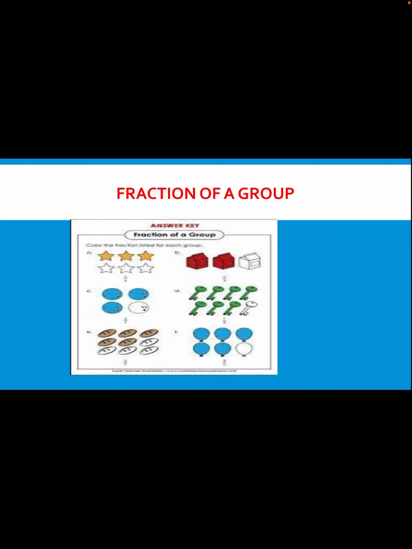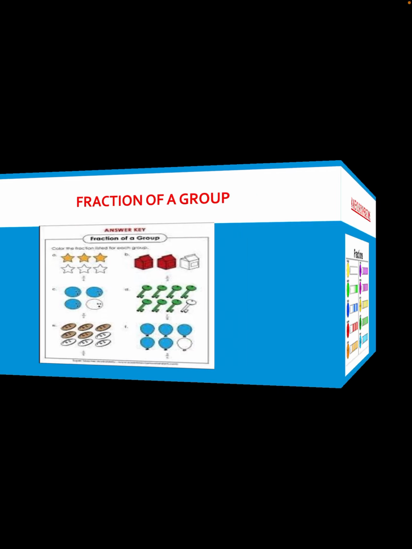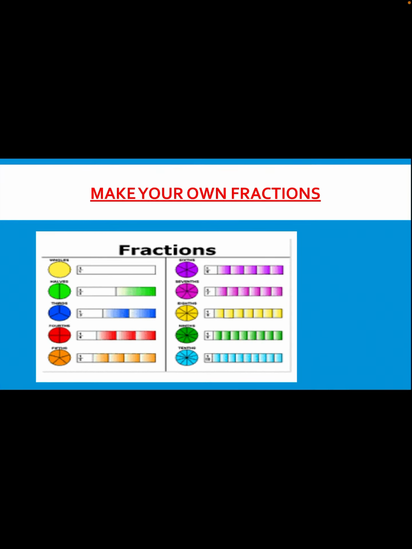So in this way you can find out the fractions of a group. Similarly, you can make your own fractions. Here this is also an activity for you. You can make different figures and write the fractions just beside them.